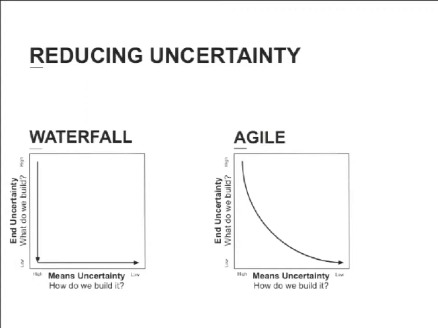A lot of effort is put into reducing that end uncertainty. So what is the thing that we want to build? And this is done through extensive requirements gathering and specification documents. So you really want to nail, okay, this is what we want to build. And the assumption is that once you've done that specification, you can just start building the thing, and you only need to figure out how to build it.